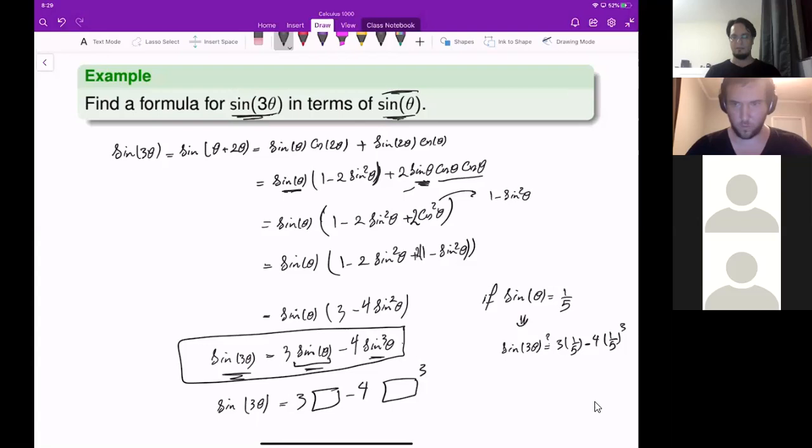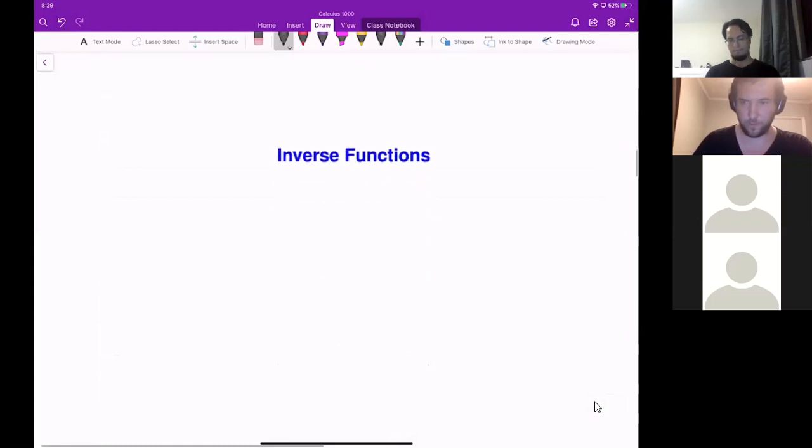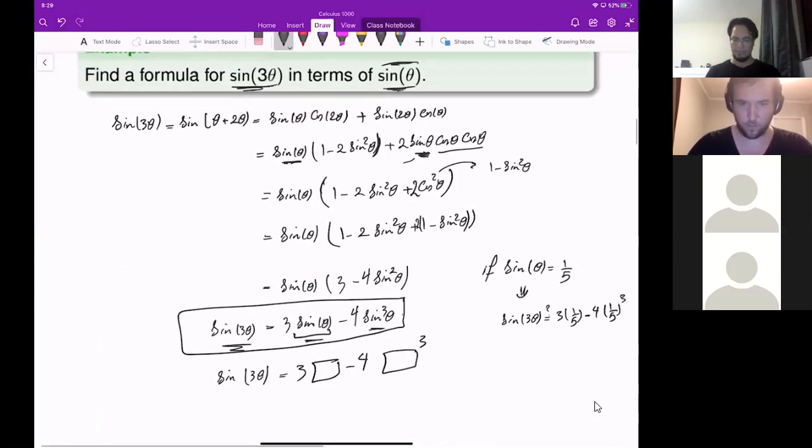Teacher, I have a question. Sure. In your second line, the formula contains the 2 multiplied by sine theta, but why, when it transformed to the third line, did we lose the 2 times sine theta?